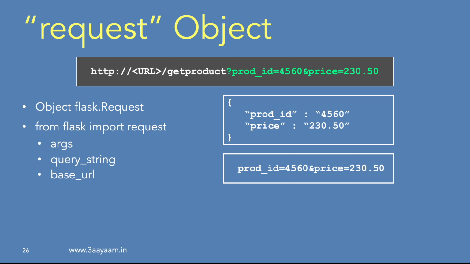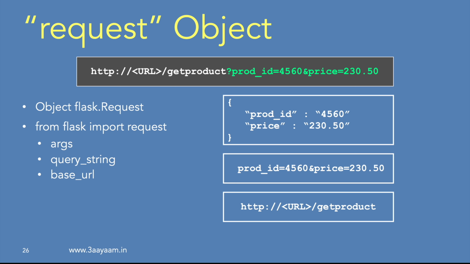Another important variable is base_url, and it is used to get the URL, which is http:// the entire URL and the API. So basically the URL endpoint. In this case, it would be http:// URL/get_product, because that is the URL endpoint.